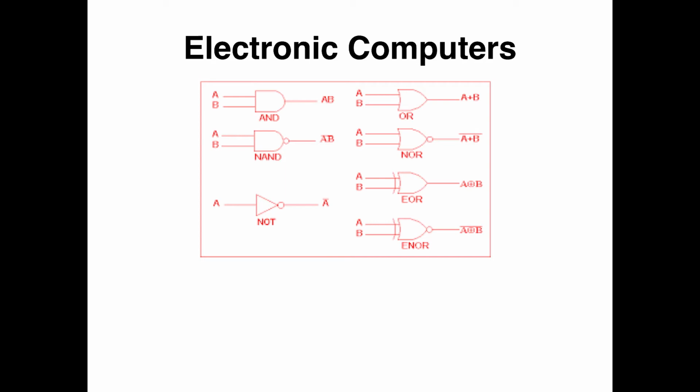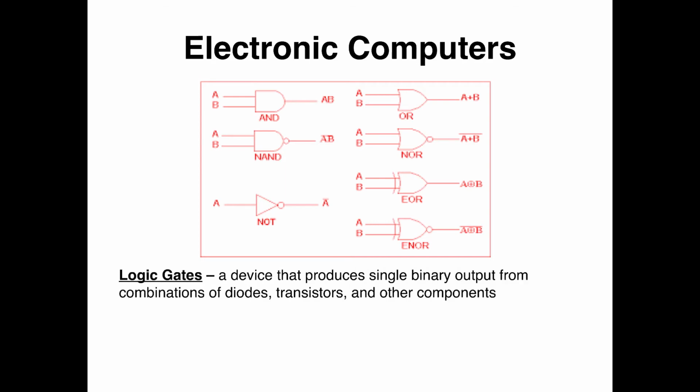Now, this is an example of computer logic. So logic gates are devices that produce a single output from a combination of inputs from various diodes, transistors, or other components. So a logic gate changes multiple inputs into a single output depending on what kind of command you give the logic gate.